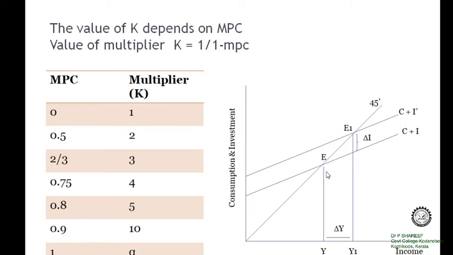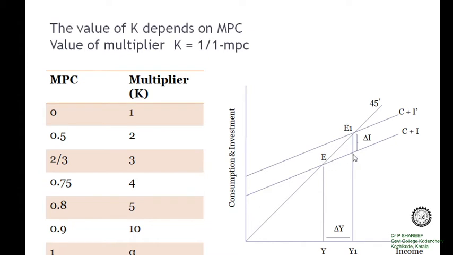The economy or the system reaches equilibrium when aggregate demand and aggregate supply are equal. So initially the equilibrium level of income is Y, where aggregate demand C plus I and aggregate supply, the 45-degree line, are equal at point E.